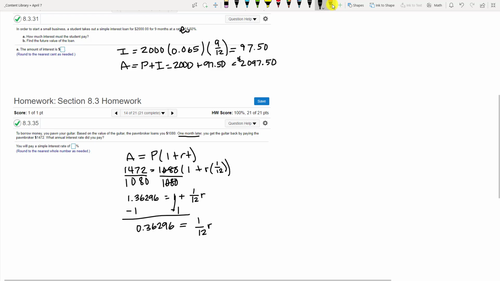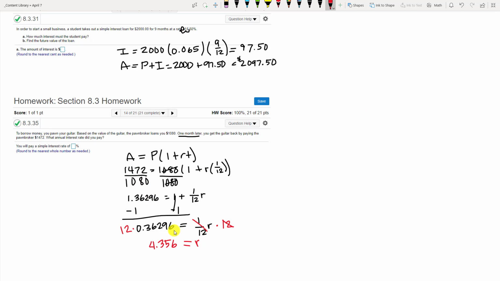If we want to solve for R here, and 1/12 is multiplied by R, if we multiply both sides by 12, it will cancel that 1/12. And so 1/12 times 12 is 1, and that cancels that out, so we're left with R equals, and again we get our calculators back out, and we get 4.35555 repeats forever, so we round to 4.356.